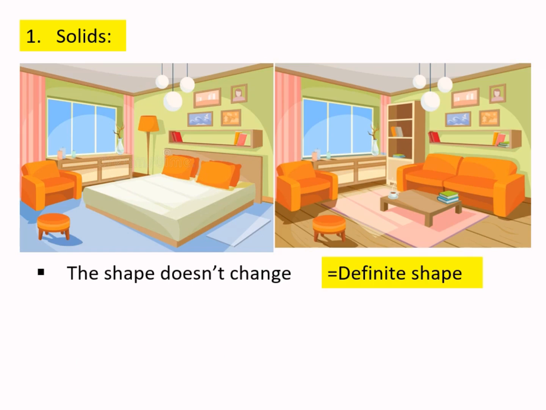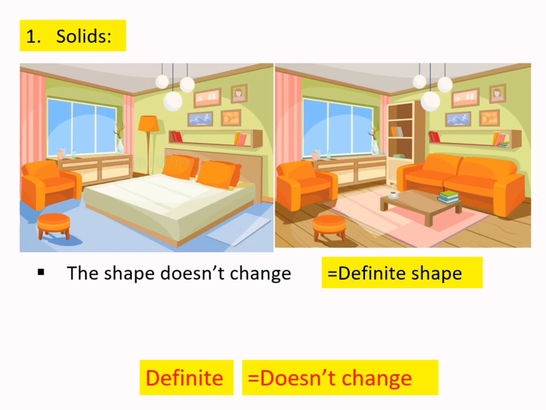That means the chair has definite shape. The word definite means doesn't change. So again, the first thing that we noticed about solids is that the shape of the solid doesn't change when I move it from one place to another, which also means that solids have definite shape.